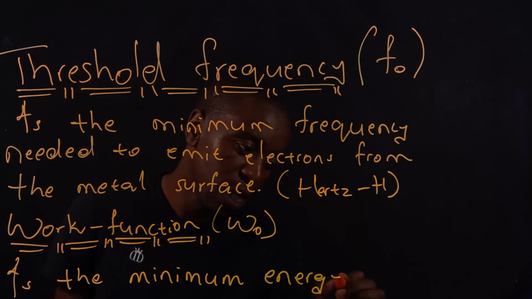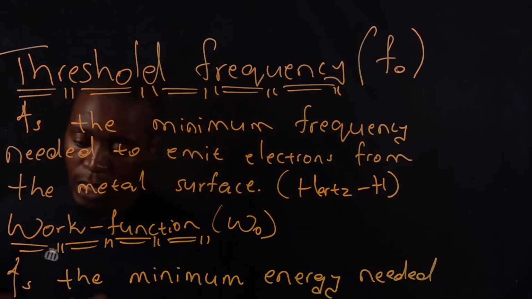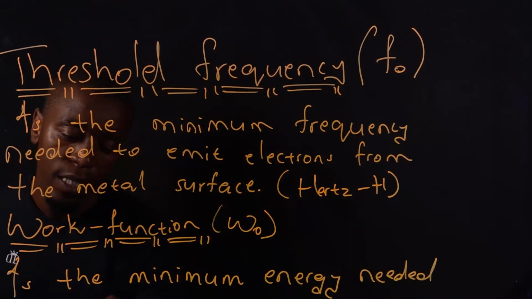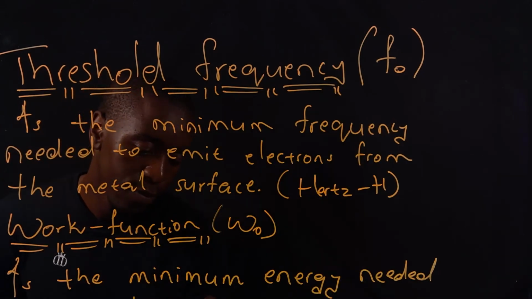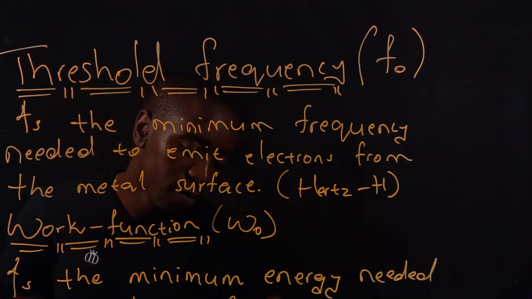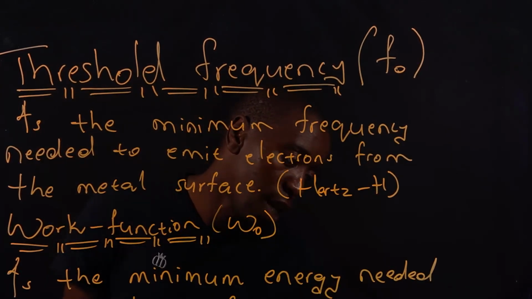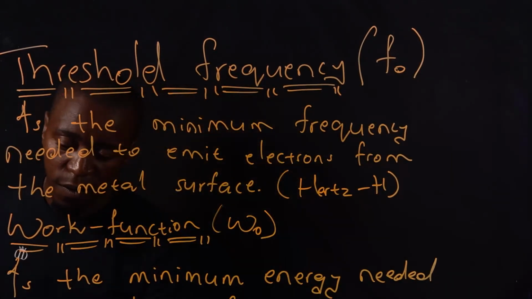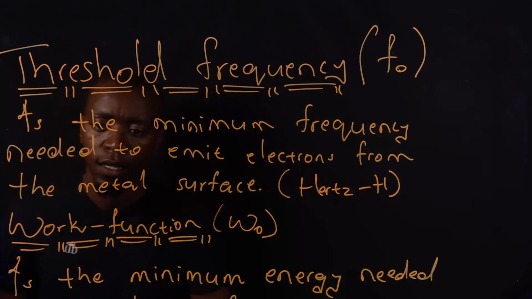Here is the minimum energy needed to emit electrons from the metal surface. That's the work function.